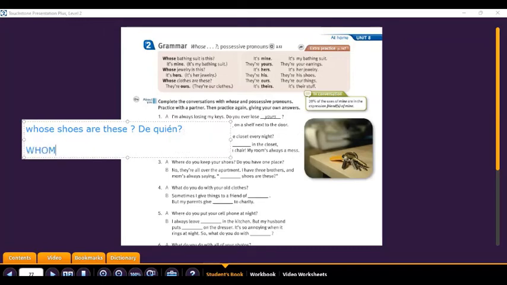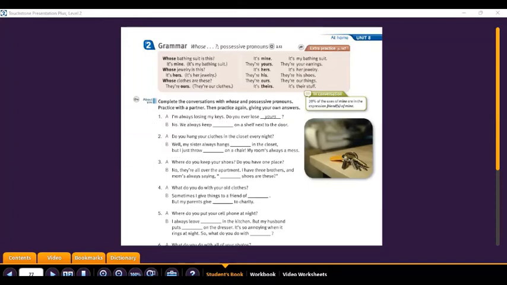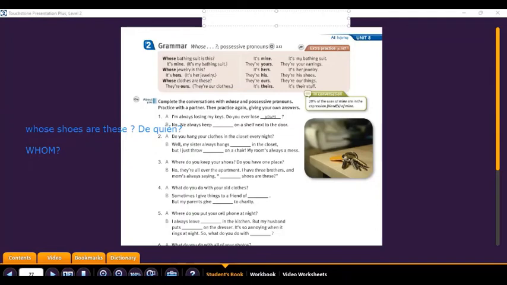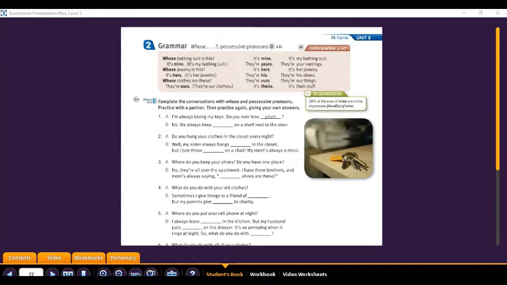Tenemos también whom, para que no nos confundamos. ¿Alguna vez han utilizado whom? No. ¿Pero sí lo han visto en algún momento? Es como quién, ¿no? Exacto.